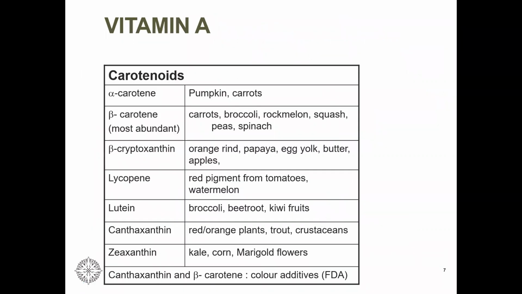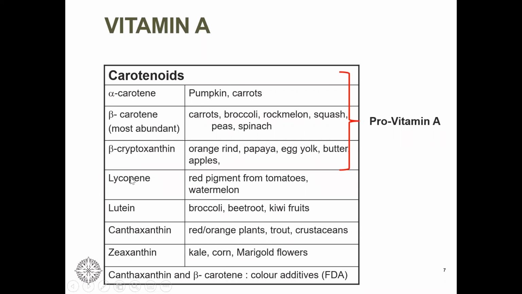Now, another very small addition just to let you differentiate between provitamin A and the other carotenoids, because it is only these carotenes that our body can convert to retinol. So alpha carotene, beta carotene, and beta cryptoxanthin.